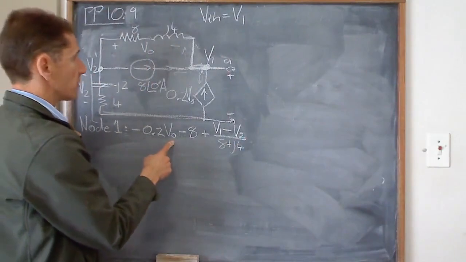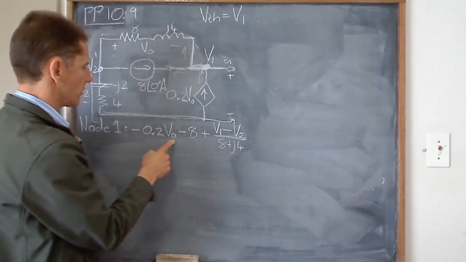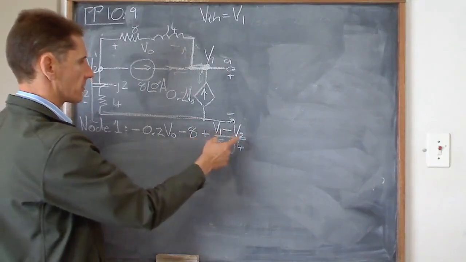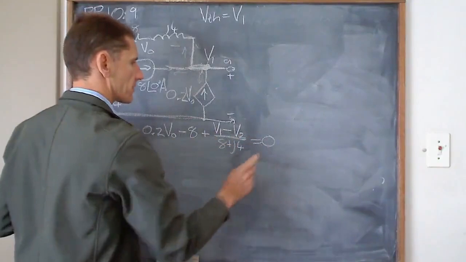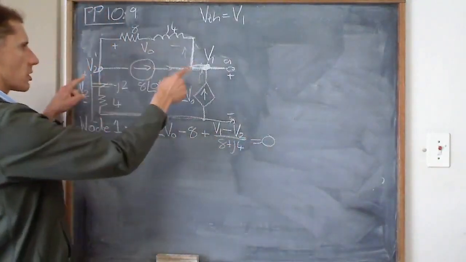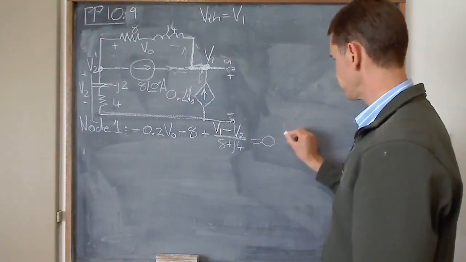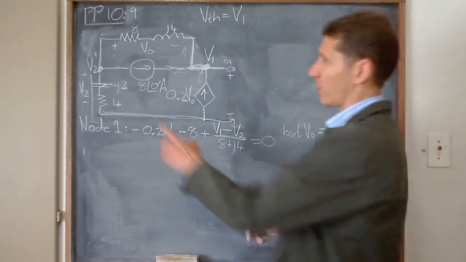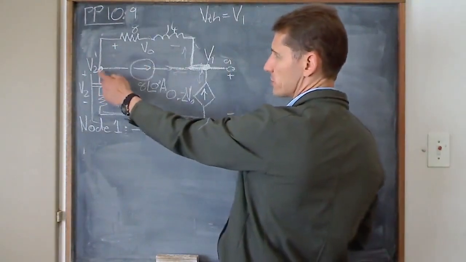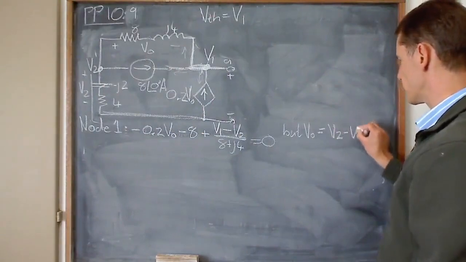Now this V out is a bit of a bother, because I've got 3 unknowns. So can't we replace V out with something V1-ish and V2-ish? Okay, V out is across this. So we can write V out equals, positive on this side, so it's V2 minus V1.